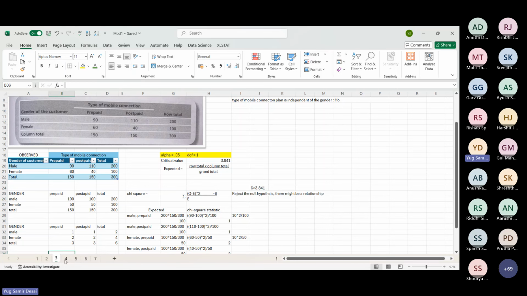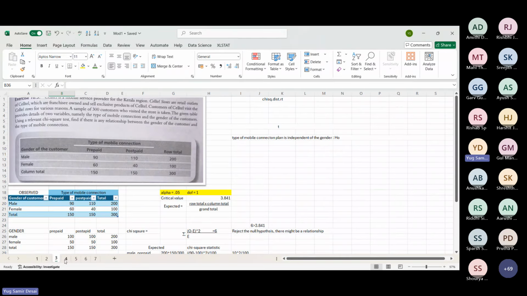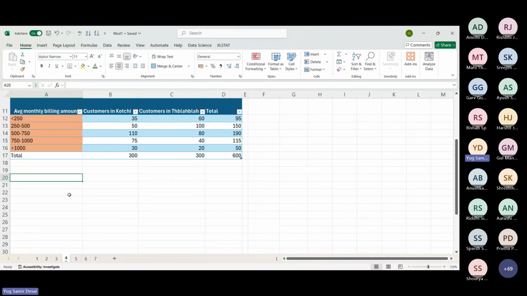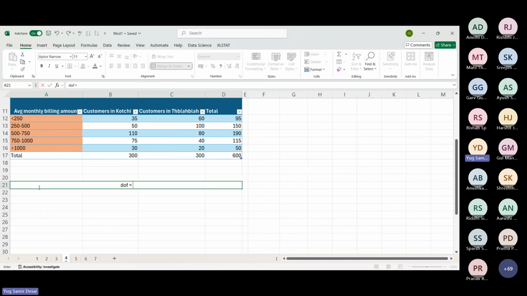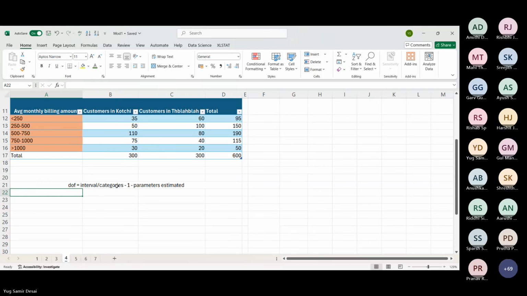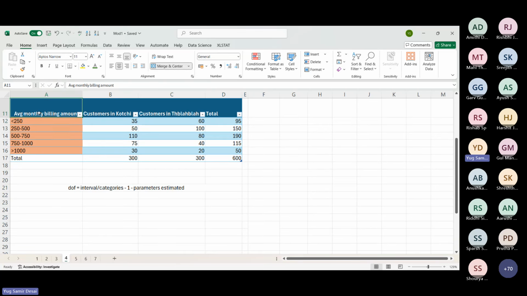Guys, we will be sending you this sheet, and there are two questions for you about the chi-square test only. The only thing that differs is how you calculate the degrees of freedom. So for this case, our degrees of freedom would be the intervals or categories minus 1. Here the intervals or categories signify the average monthly bill amount.